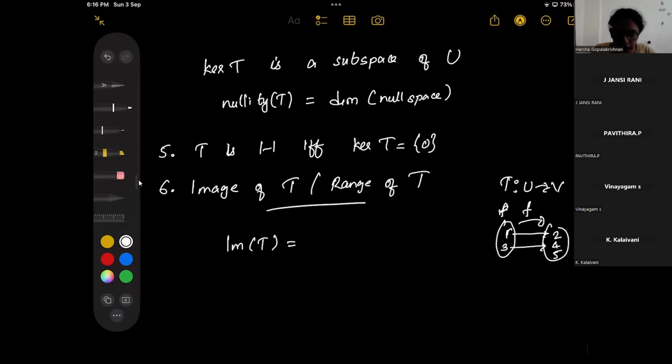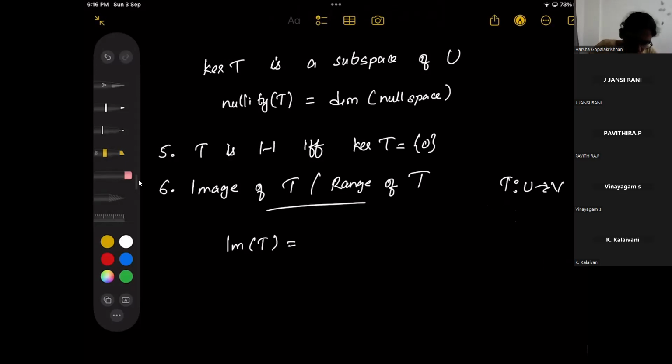That is our image. Here also the same concept. So in this linear transformation also, we can say image of T equal to set of all T alpha such that alpha in U. So we are taking all elements in U and we are finding all the values T alpha, and collection of all that T alpha is the image of T.